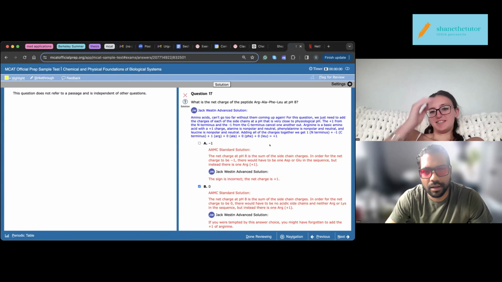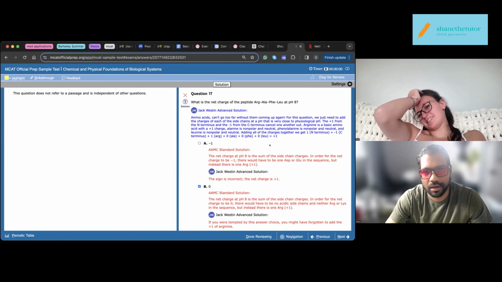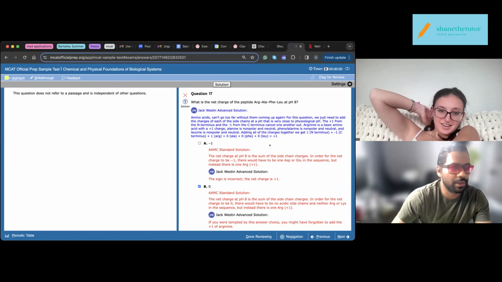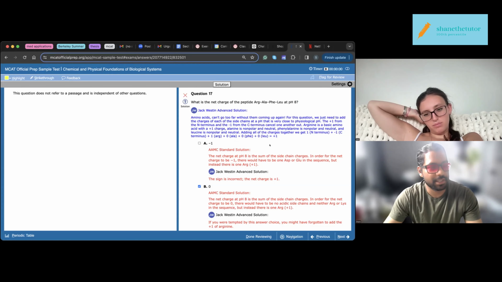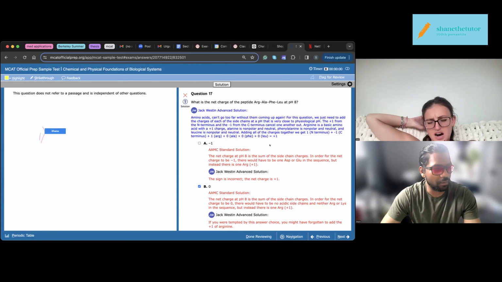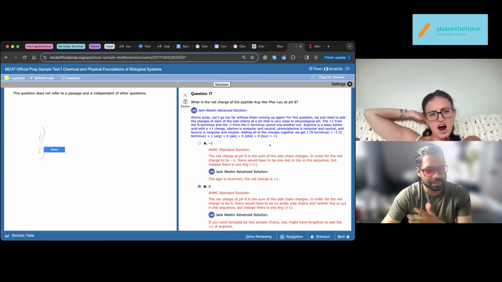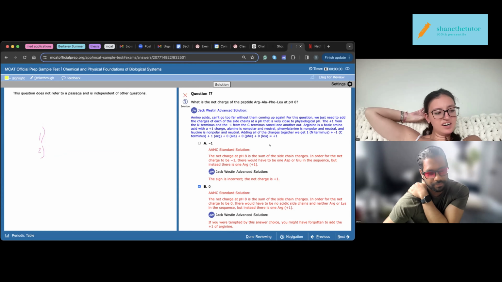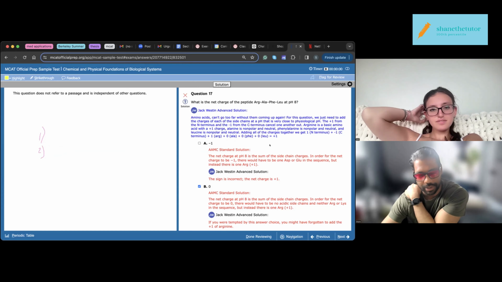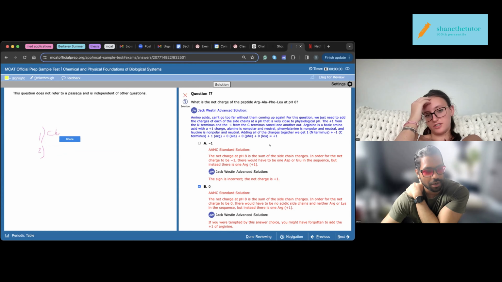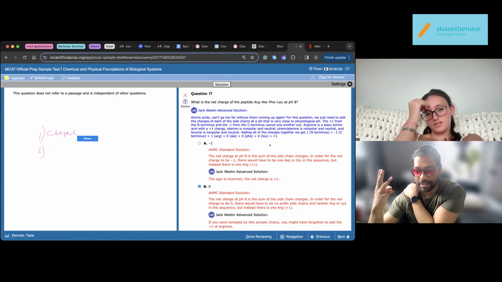I have no idea what the charges of these amino acids are. Okay, so that's a quick fix. Basically, the first two things in terms of amino acids and how I teach it are polar and charged. These include the 2 acidic and the 3 basic.